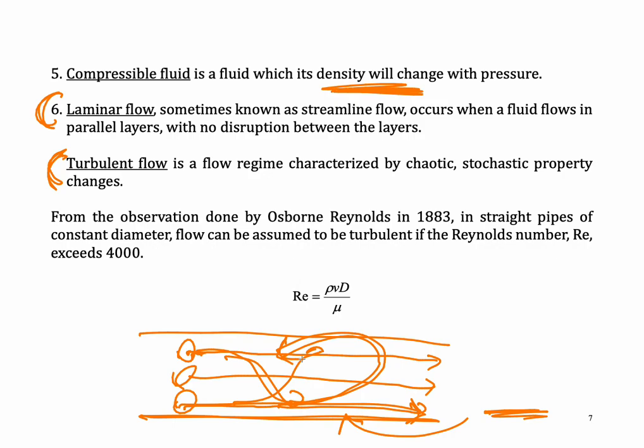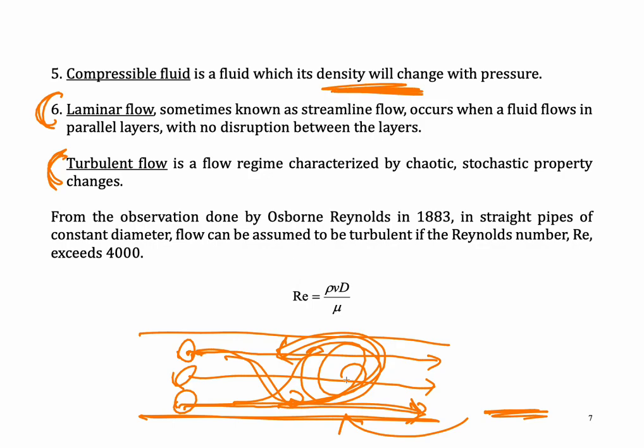If you have a vortex, it will rotate like this, creating a bubble or a chaotic, unruled, or unpredictable behavior of fluid flow. That is turbulent. Normally in our applications, we will discuss turbulent flow, because it is not easy to get a fully laminar flow in a pipe especially.